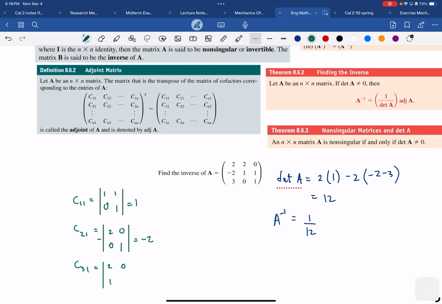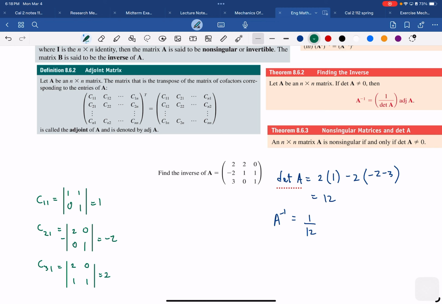Two 0 1 1. C12 is -2 3 1 1, which is -2 -3, and then negative, sorry, -5 negative, so 5.